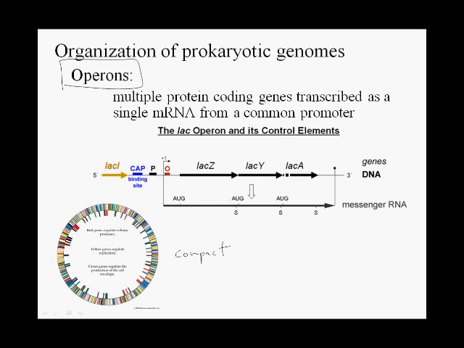The example that I'm going to show you is something called a lac operon. The lac operon encodes 3 protein coding genes, and we'll just call them for now lac Z, Y, and A. These 3 proteins are needed by the cell to metabolize the disaccharide lactose. In fact, these 3 genes are needed to break lactose into monosaccharides for further metabolism.